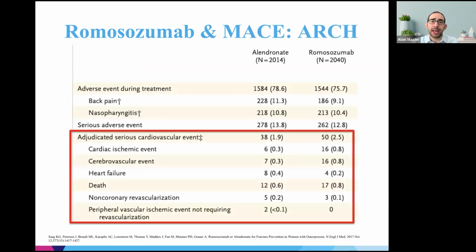If we took a look at the trial that compared romosozumab to alendronate, this is the trial that showed differences in postmenopausal women in terms of cardiac ischemia, 0.8% for romosozumab versus 0.3% for alendronate, and cerebrovascular event, 0.8% for romosozumab and 0.3% for alendronate.